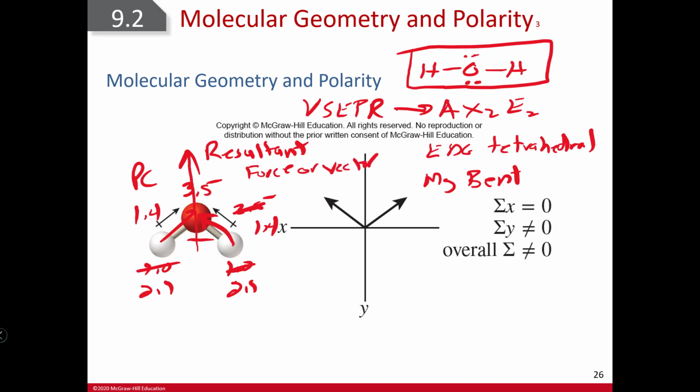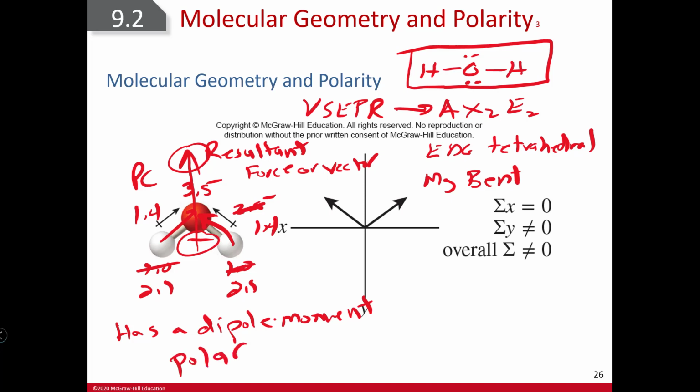And now that you have an overall force going in an upward direction, you have a positive end to the molecule and a negative end to the molecule. So this molecule has a dipole moment, and because it has a dipole moment, we say the molecule is polar. Not just the bond, the molecule.